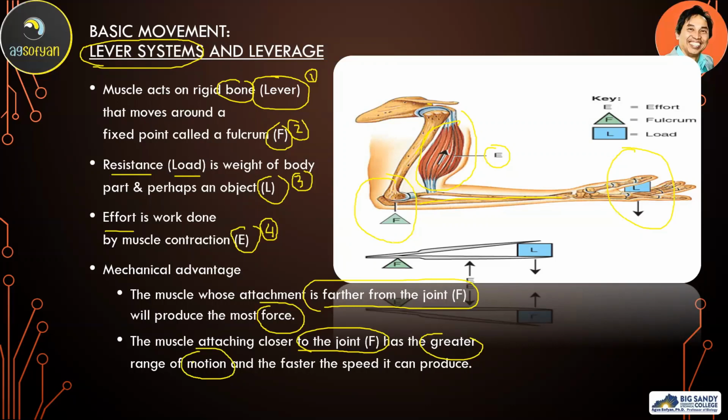So it gives a greater range of motion and also speed. However, the force is less compared to the longer attachment muscle. So a muscle with a closer attachment gives a wider range of motion and also speed, but gives less force compared to a muscle that has a longer attachment site.